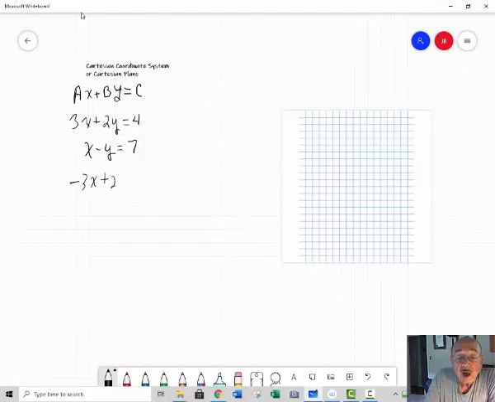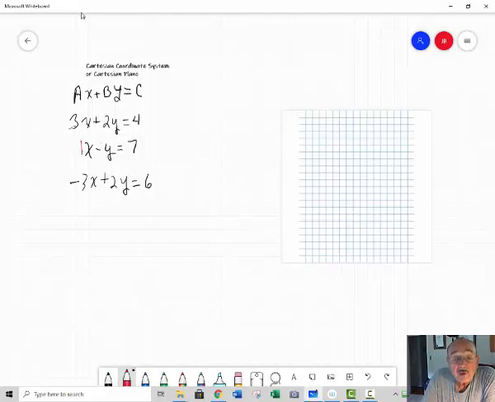The bottom line is I've got a number and a variable x, a number and a variable y, and a constant. The number here we understand always to be 1. In this case, the coefficient here would be negative 1.